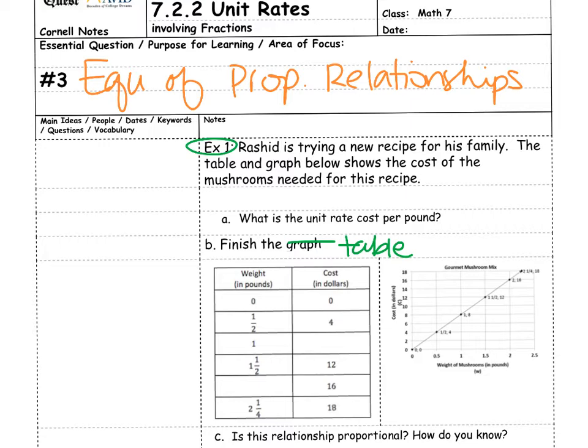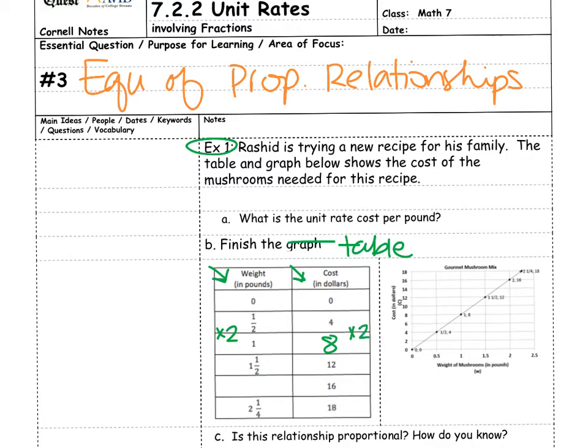So if we buy 0 pounds of mushrooms, it's going to cost us $0. A half pound is $4. So if a half pound is $4, I know a full pound would be $8, because to go from 1/2 to 1, I multiply by 2.